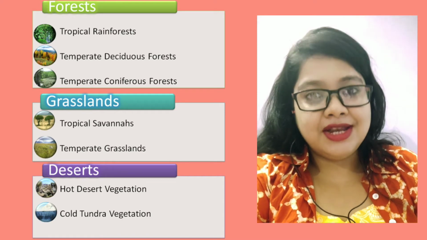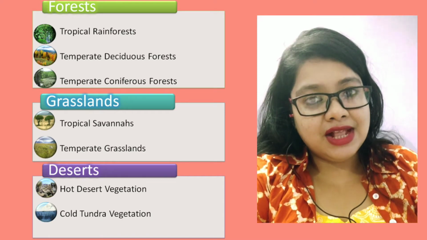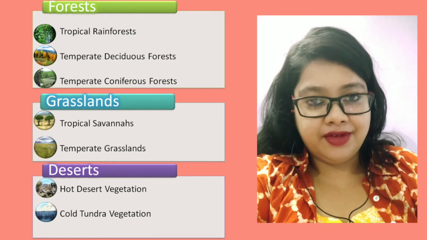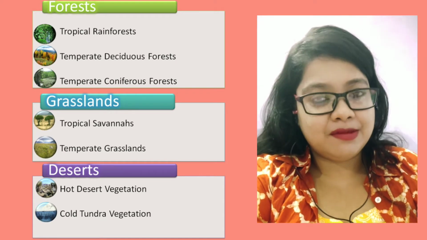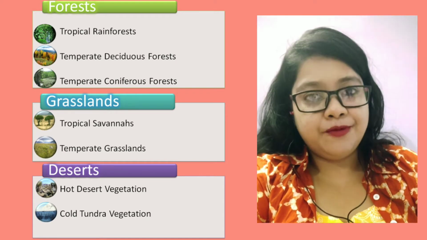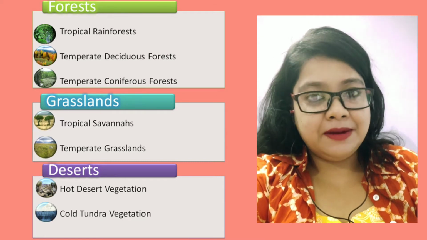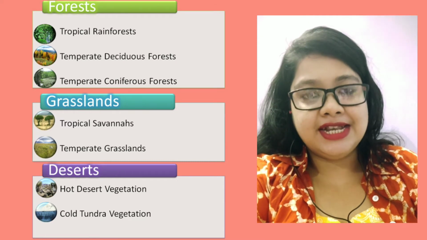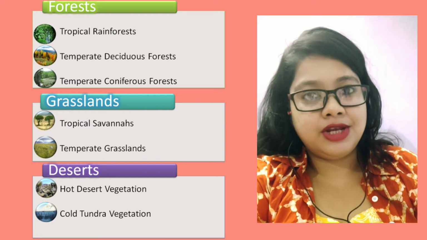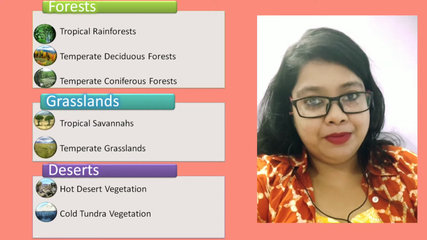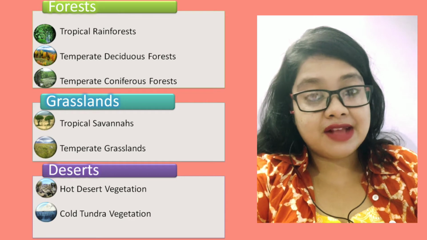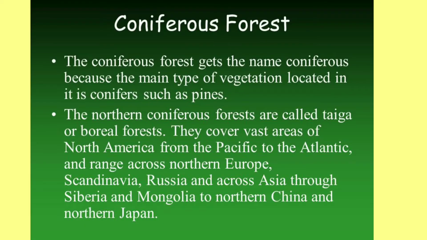If you remember, we had divided the natural vegetation into 3 broad categories: the forest, the grasslands, and the shrubs. So, depending on the temperature and rainfall they get at different altitudinal locations, the vegetation also varies.